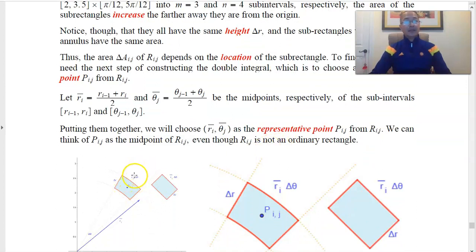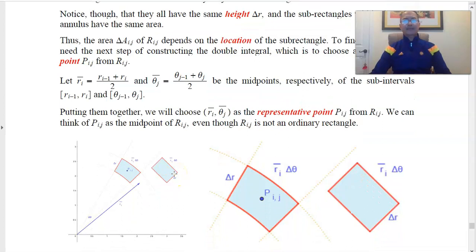Okay, so your average theta value is bisecting the angle from theta i minus 1 to theta i, and your average r value is bisecting the distance between the inner circle and the outer circle, okay? In this case, they're just subarcs, okay? So let's talk about area, okay?